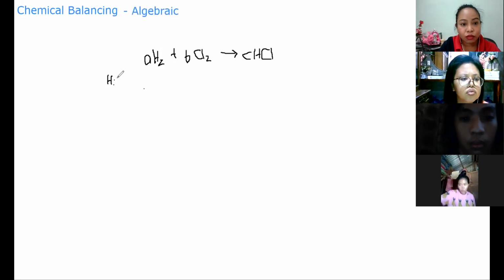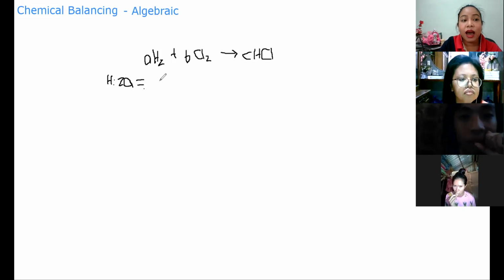We have 2 hydrogens in A. Where else can we find hydrogen? In C. Remember the arrow is represented as equals. How many hydrogens in C? 1. So equals C.